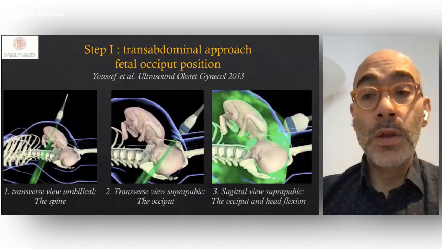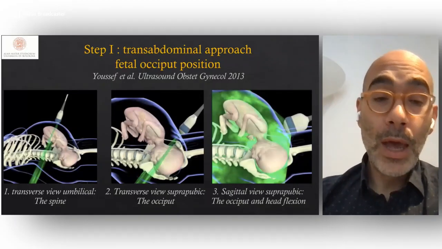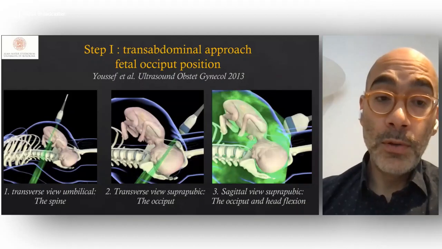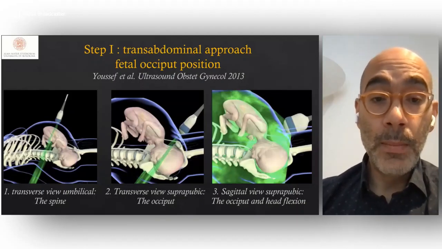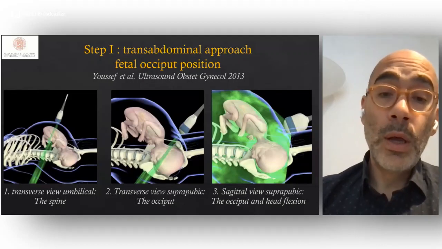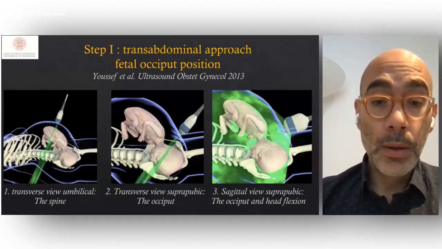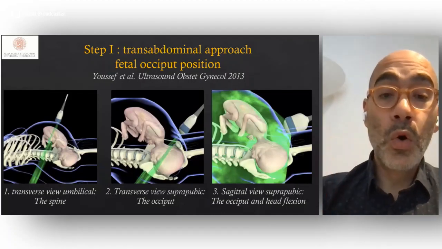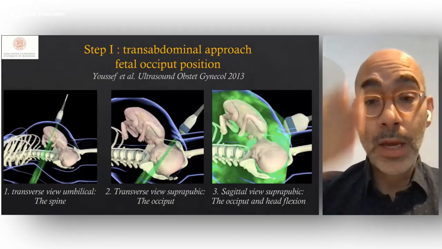These are the three views that we start with transabdominally: the transverse view under the maternal umbilicus. Then we go down to the suprapubic area. Then we rotate in a clockwise manner to have the sagittal view.